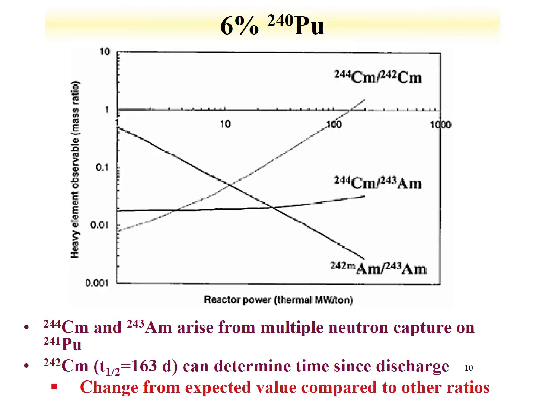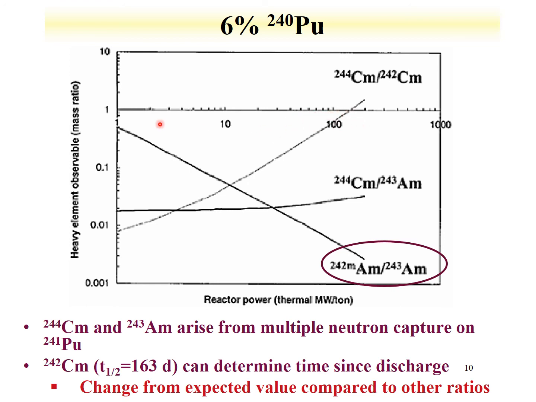An example of these isotopic ratios we've just discussed is shown here. So if one looks at the americium isotopic ratios, and this is for 6% 240 in a sample with plutonium, we see that this ratio decreases as the thermal power increases.